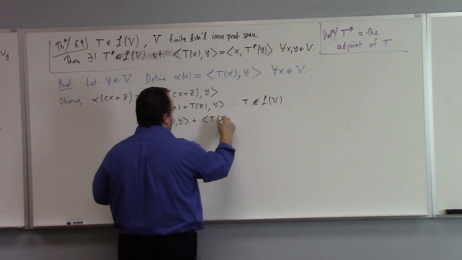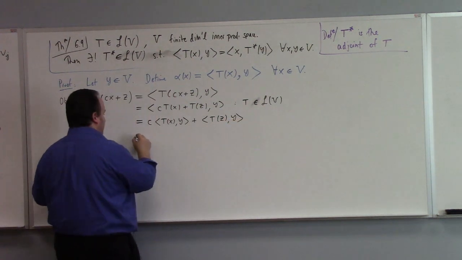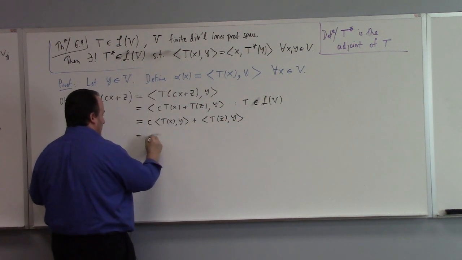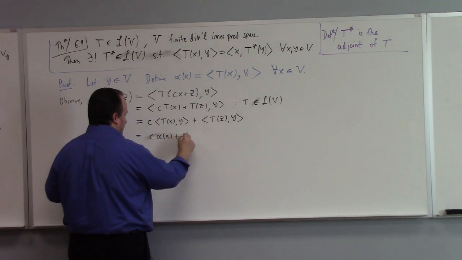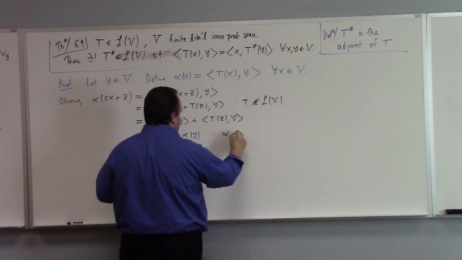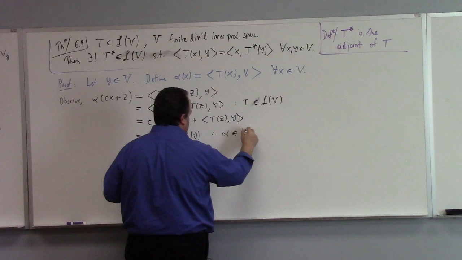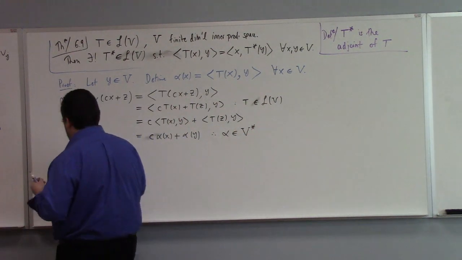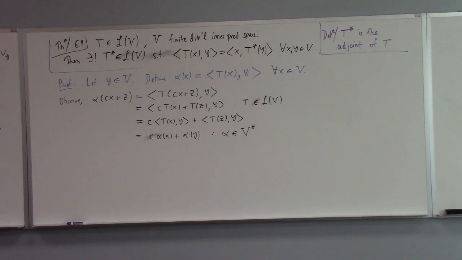And what do we got? By definition, c alpha of x plus alpha of z. So therefore alpha is an element of the dual space to V, isn't it? Do you guys agree? Is alpha a dual vector? What's its input? A vector. What's its output? A scalar, because the inner product is a scalar. So alpha is a dual vector because it's a linear mapping from V to the field of V.